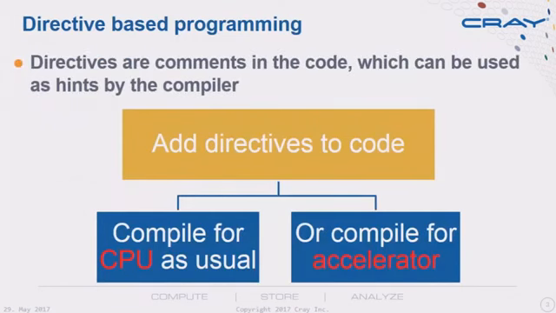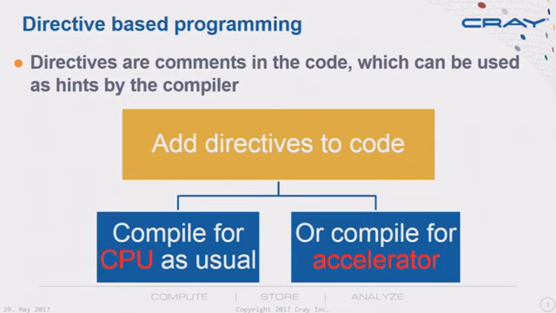So why use directives? It's a simple and easy-to-use method. From a programming point of view, these are just comments in your code which lead the compiler to do the actual optimization for you.